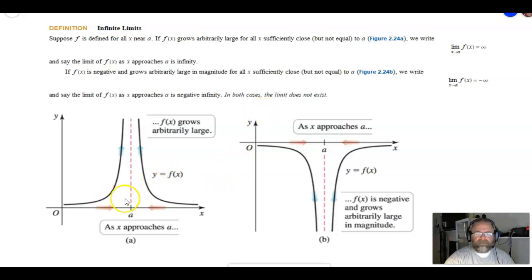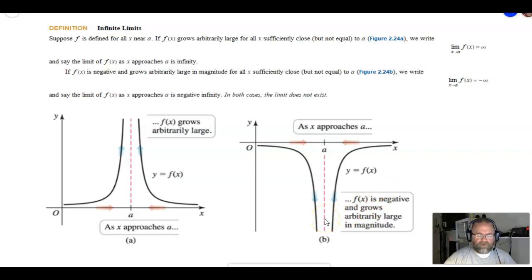So in these cases, even though the limit does not exist, we still write the notation like it does exist. And what it's saying is that as x gets really close to a, our y values are growing arbitrarily large. They're growing without bound in the positive y direction. And vice versa when it's going in the negative direction here.